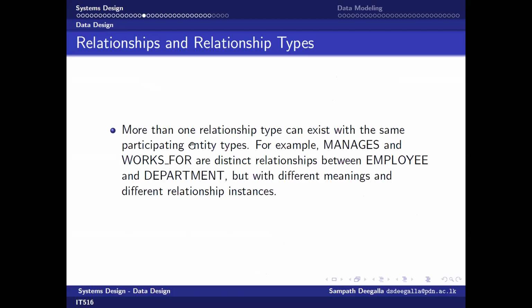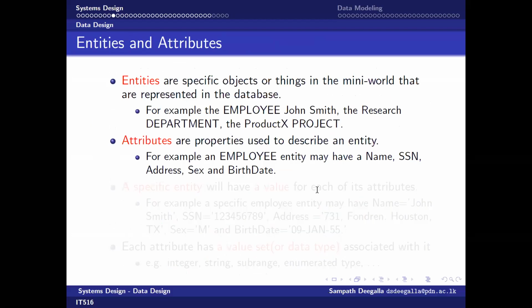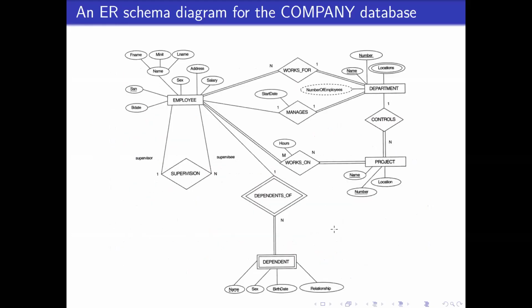So sometimes you can have more than one relationship type existing with the same participating entity types. So look at our example again, right? Can you tell me which entity types have more than one relationship type?